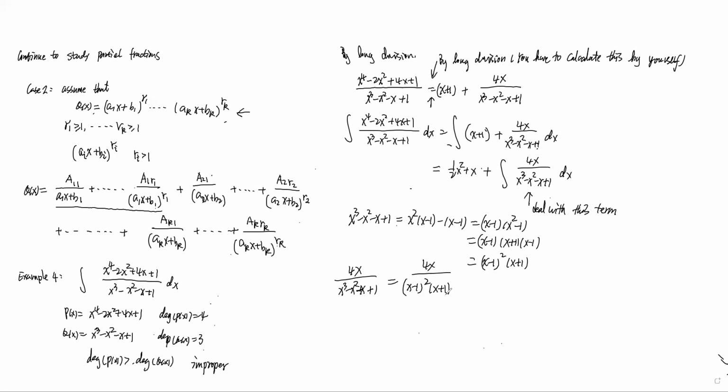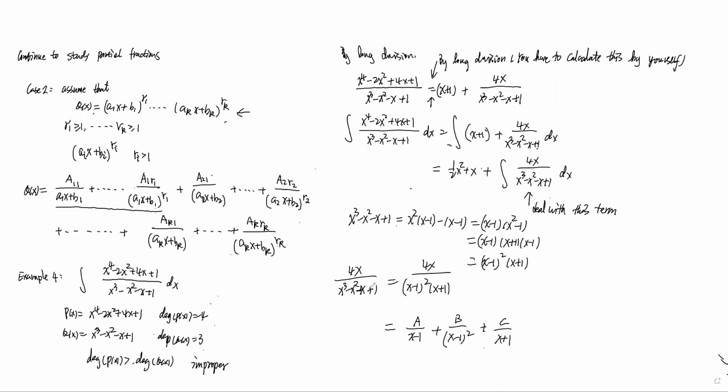Look at the left hand side. Sorry, I made a mistake, so I have erased something. So we have this as A over x - 1, plus B over (x - 1)^2, and plus C over x + 1.